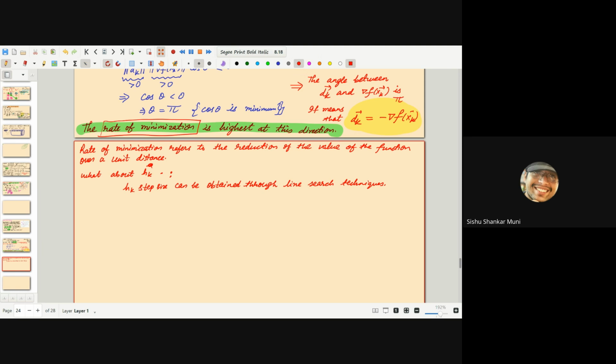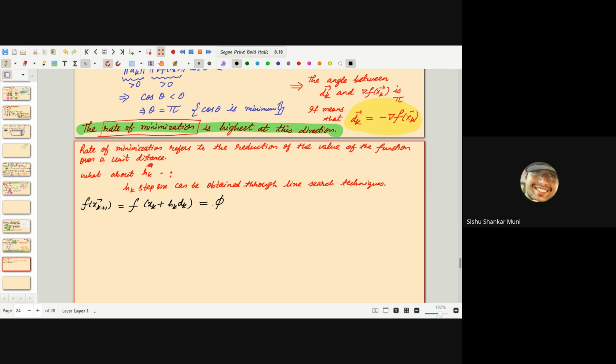So what we are worried about here is this one. Something like f of xk plus 1, okay, and this is equal to f of xk plus hk dk, right? And this, let us call, this is a function.